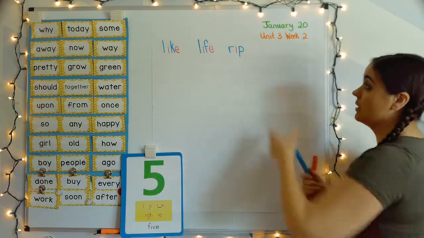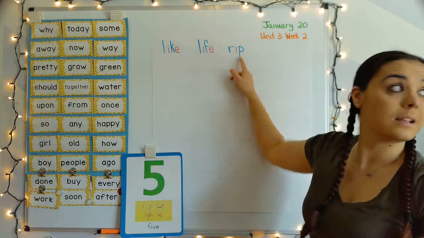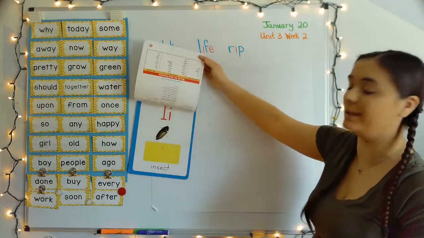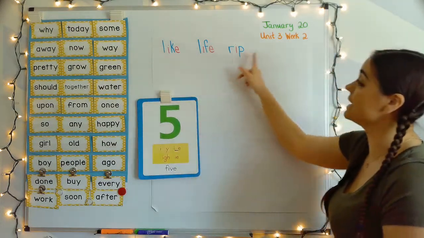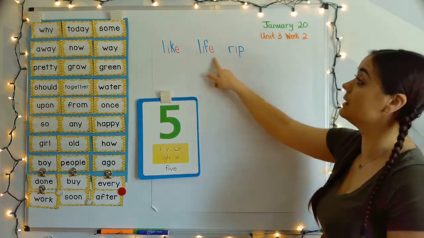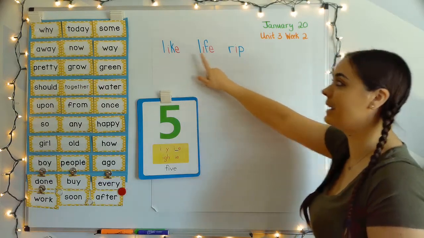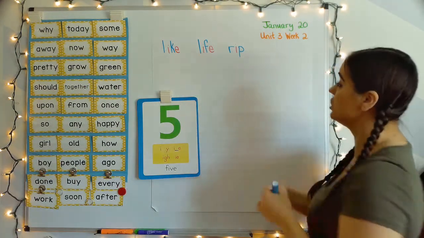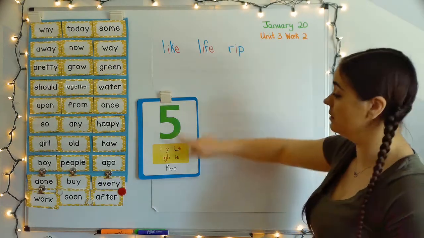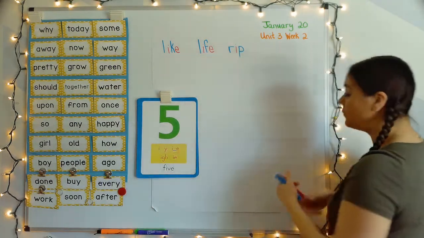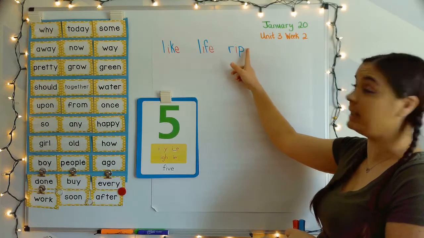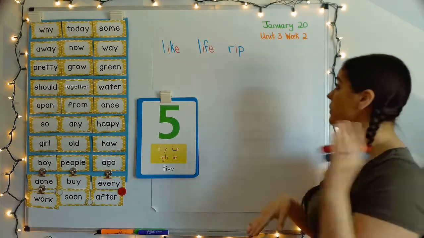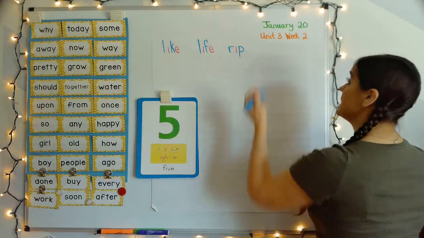So notice how that I in this word says I. It says the short I sound, like the insect card, because it does not have its buddy E. In these two words, like and life, I has its buddy E. So it changes from the short I to the long I. But as soon as I add its buddy E here, it makes a completely different word. Just like yesterday with the word bit and the word bite.